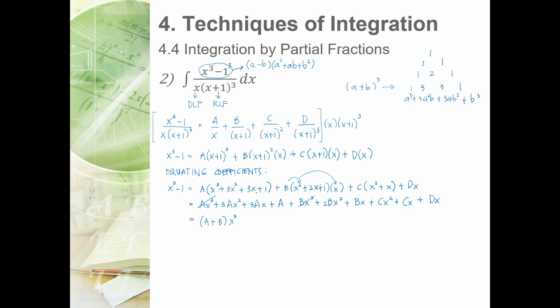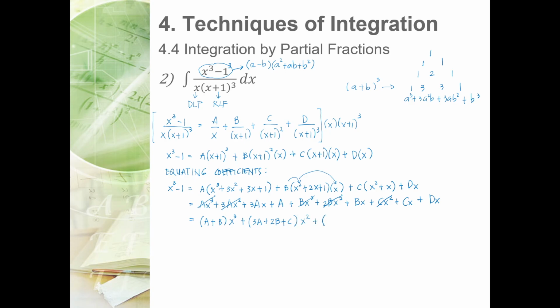One way to do it quickly is by grouping it together. So next is the x squared variable. You have 3Ax squared, so this one is 3A. So where's another x squared in the equation? Here, 2Bx squared, so plus 2B. Another x squared will be coming from C. So this one is plus C, multiplied by x squared.